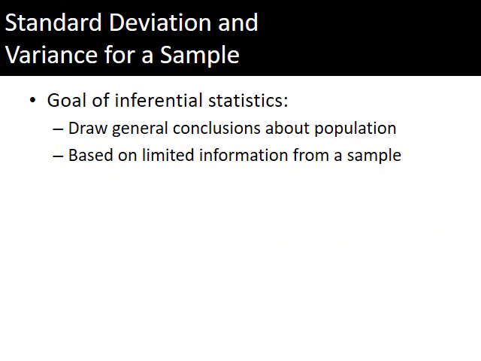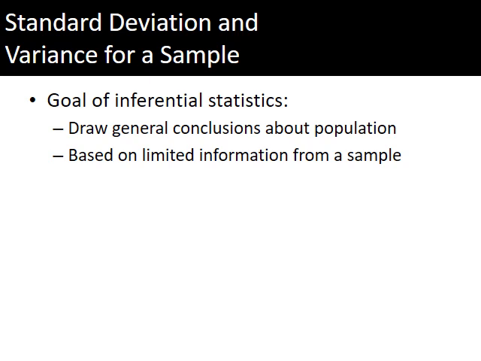All right, so now we're going to talk about standard deviation and variance for a sample. Up until now, we've been discussing how to calculate standard deviation and variance for a population. But most of the time when we conduct studies, we don't have access to the population. The population, again, if you recall, is the focus of our interest, the set of individuals that we're interested in knowing something about, which might be U.S. citizens or U.S. college students or Manchester college students.